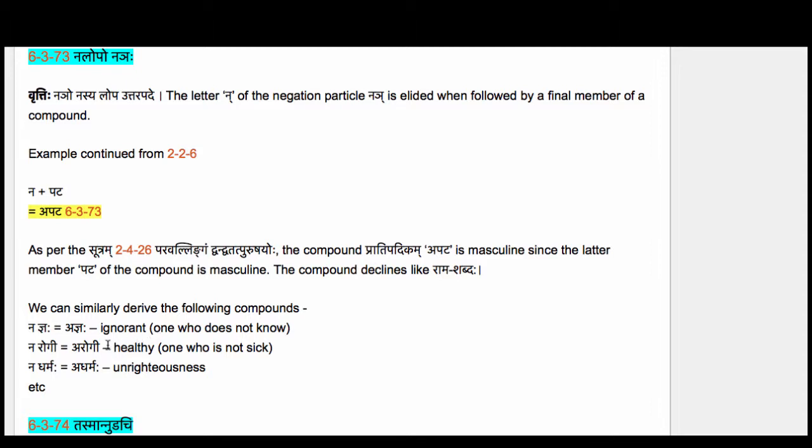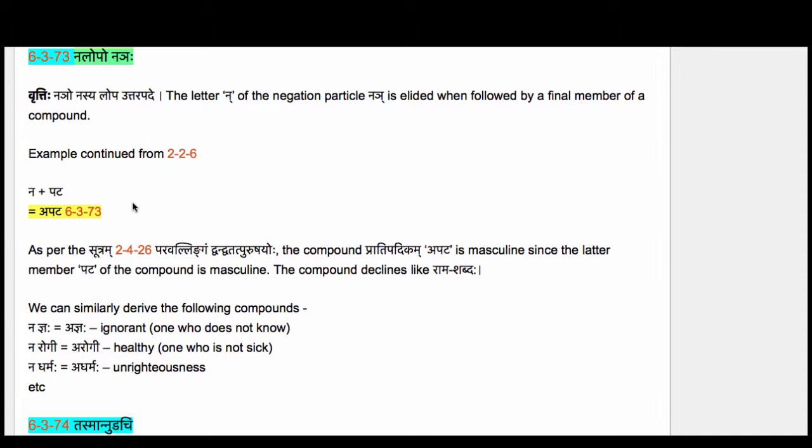The ending letter ñ of this avyayam ñai is an it letter by 1-3-3, halantyam takes lopaha by 1-3-9, tasya lopaha, and the beginning letter na also takes lopaha in general by the sutram 6-3-73, na lopo nañyaha.